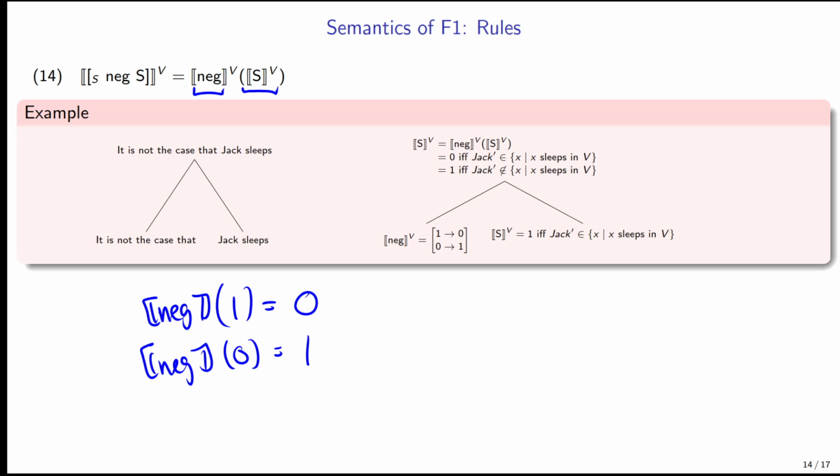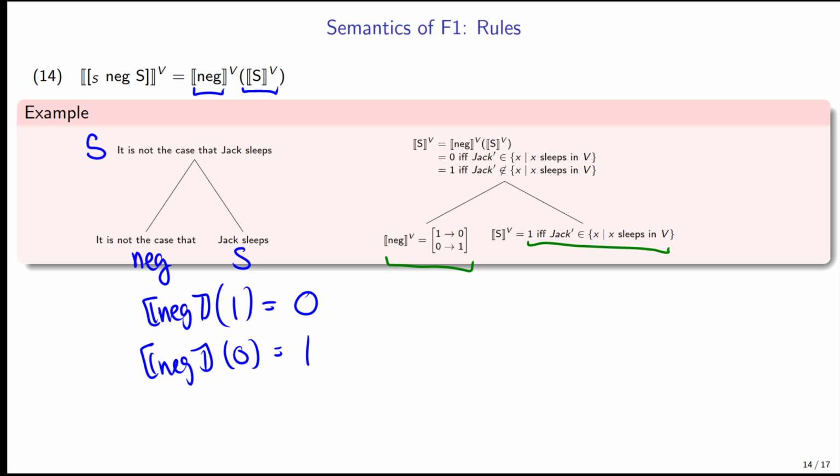So let's take a look at this example here. It is not the case that Jack sleeps. This is a sentence. It breaks up into two components. It is not the case that, our negation, and Jack sleeps, another sentence. So our negation is this function that maps 1s to 0s and 0s to 1s. And the sentence Jack sleeps is going to be true if Jack is a sleeper.